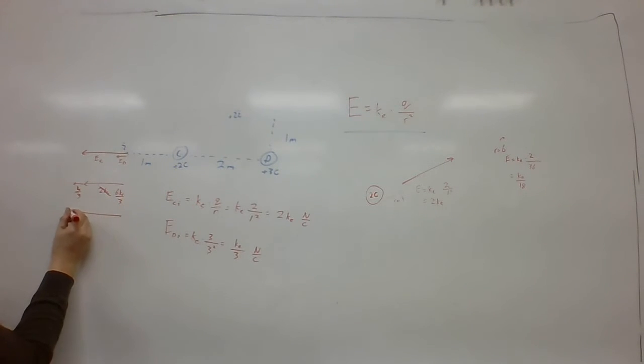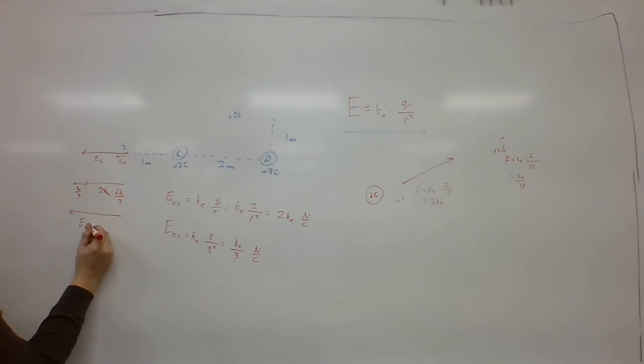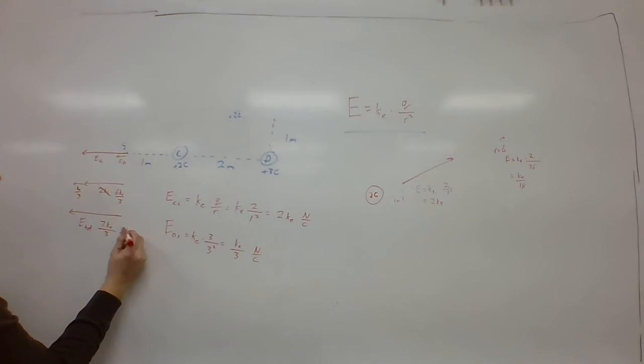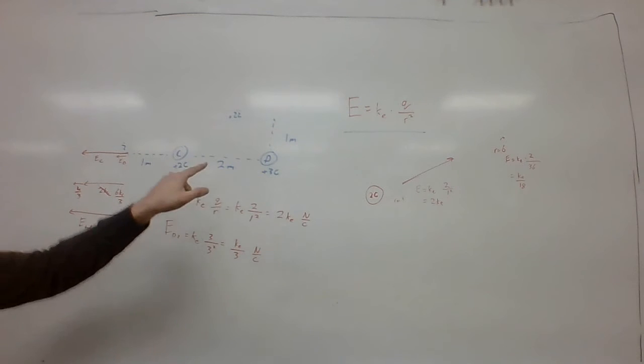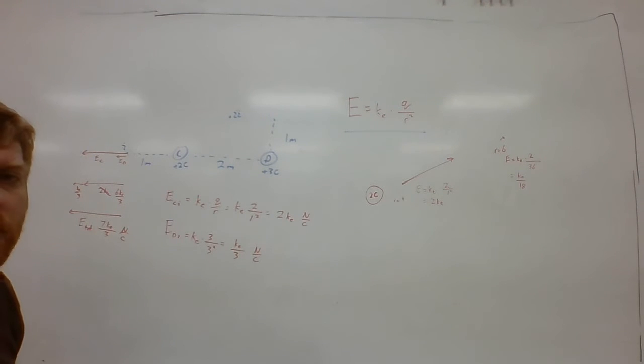And the total electric field is the addition of those two. It'll be 7 Coulomb's constant over 3 newtons per coulomb. So that's the answer for what is the electric field at point I due to the individual charges, and also what's the total electric field.